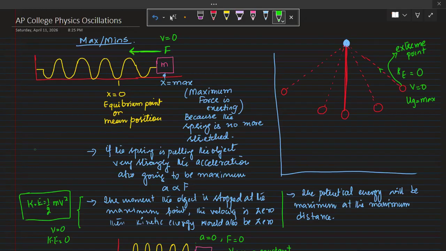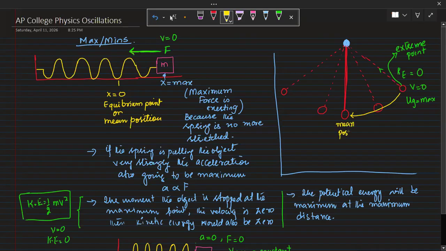Right. So now at the extreme point, since we have discussed that kinetic energy is 0, the speed is 0. But the moment it starts moving back, the object is approaching towards the mean point, or what you call the mean position.